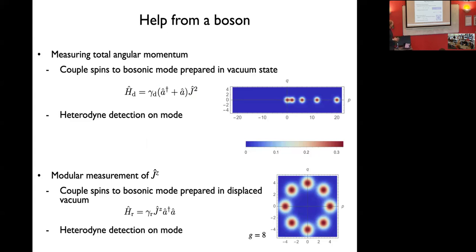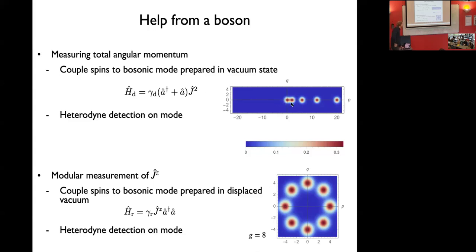I'm not saying that this is the most efficient way to do it, but one way is to couple your spins to a bosonic mode, with an interaction that looks like an X quadrature for the mode coupled to J squared for the spins. If you evolve this, the mode will experience a displacement that's proportional to the eigenvalue of J squared. So if you started, say, in the vacuum state, then that state will get displaced. This is in the rotating frame of the mode.